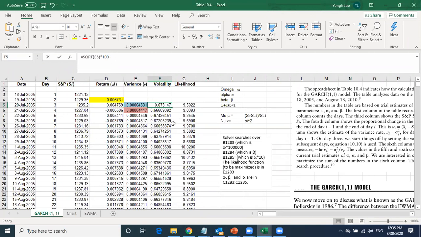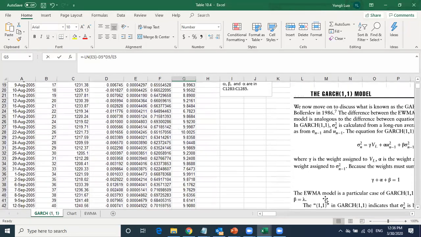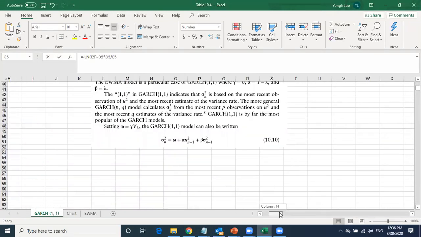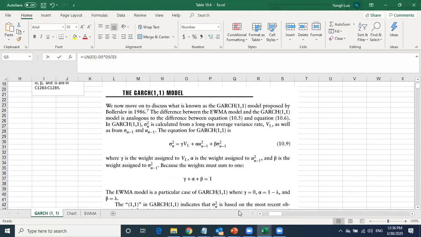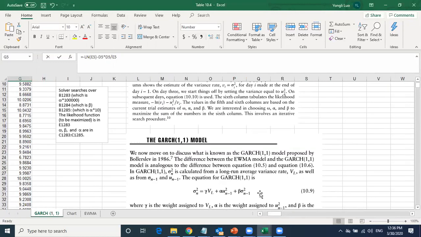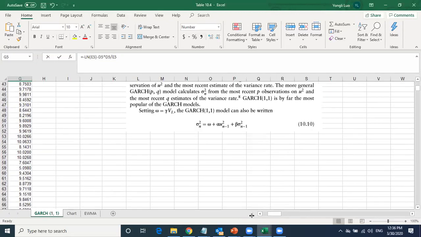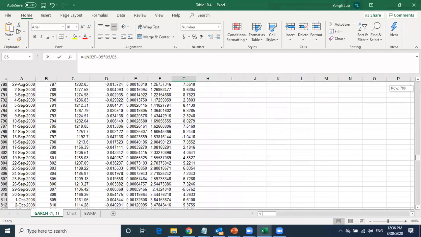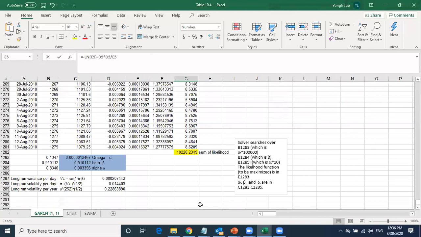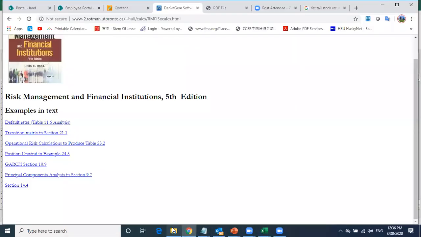To estimate these numbers, we use the maximum likelihood method, which uses the ln function. I will show you the function we did.